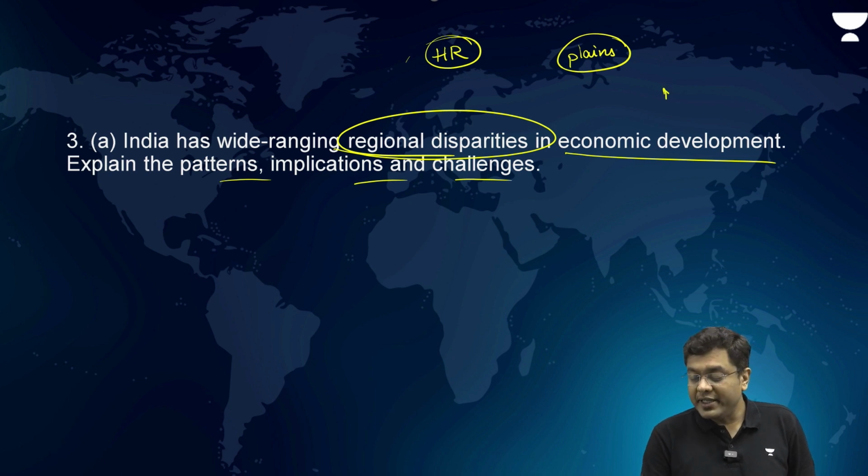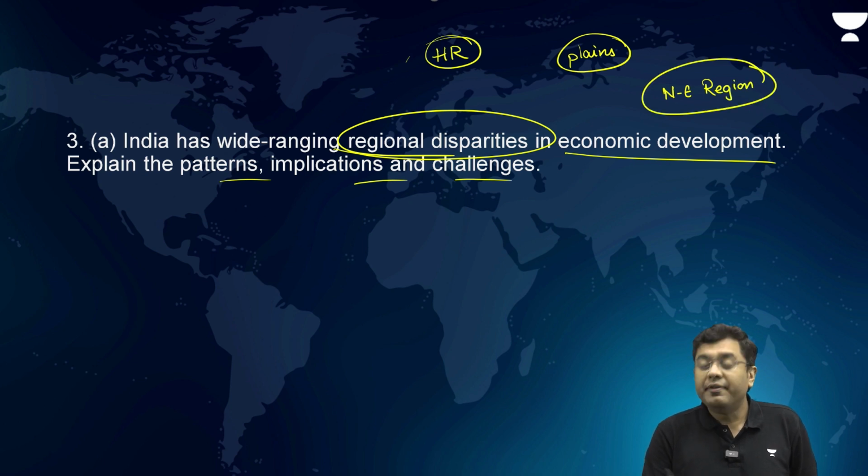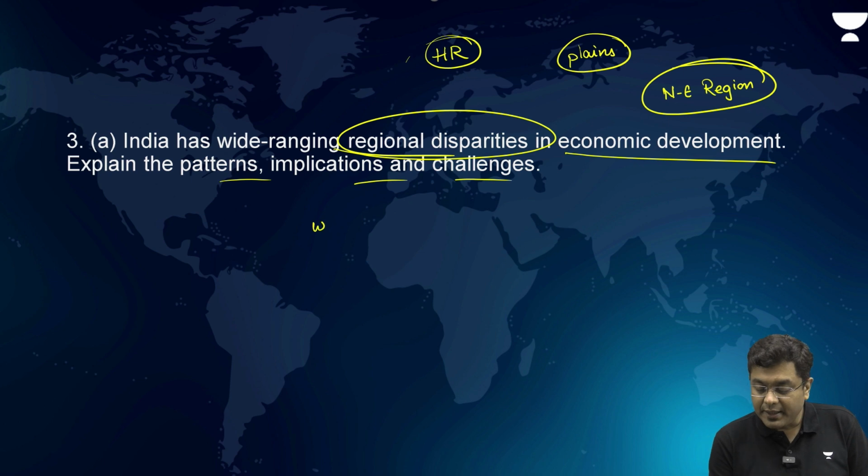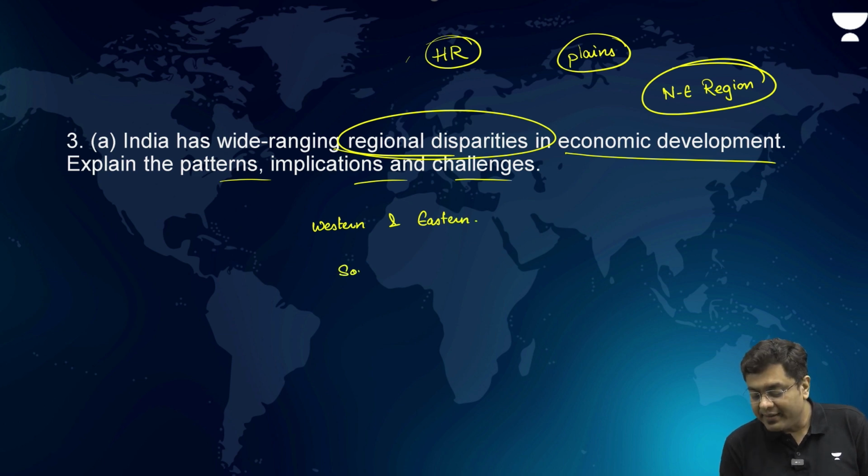Then northeastern region, that is not significantly economically advanced. Then the western part of India, western and eastern. Okay. Then southern and central, there is a disparity.